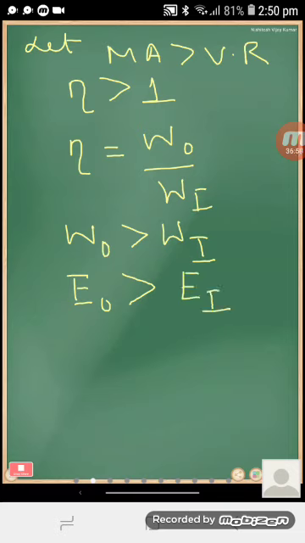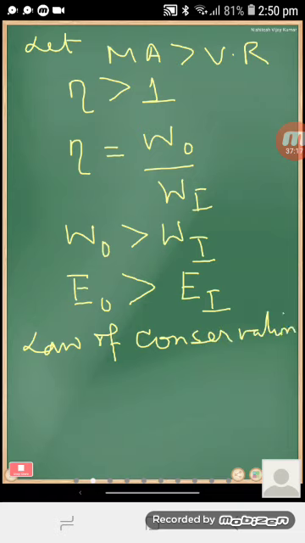Now, we all know that energy can neither be created nor be destroyed. But when we say that energy output is more than the energy input, then the law of conservation of energy gets violated.